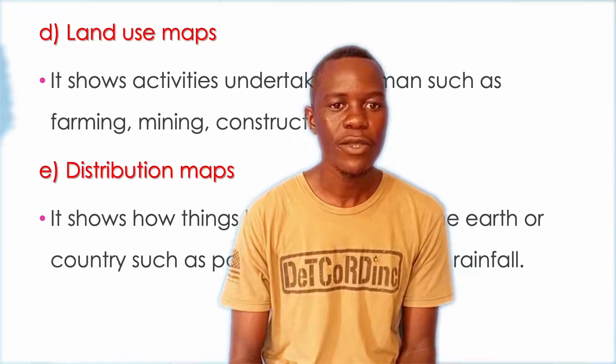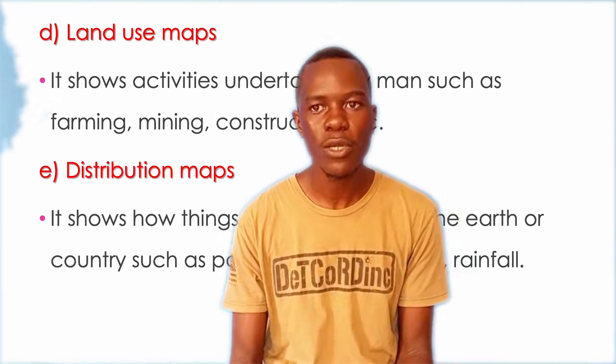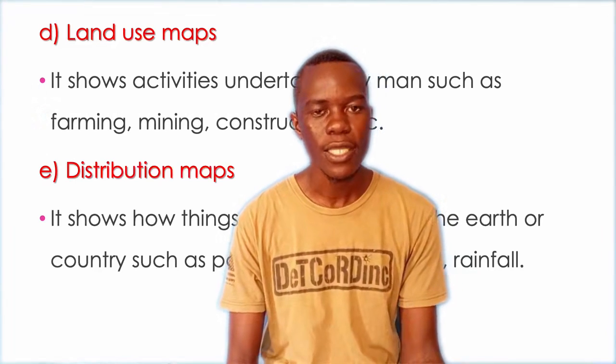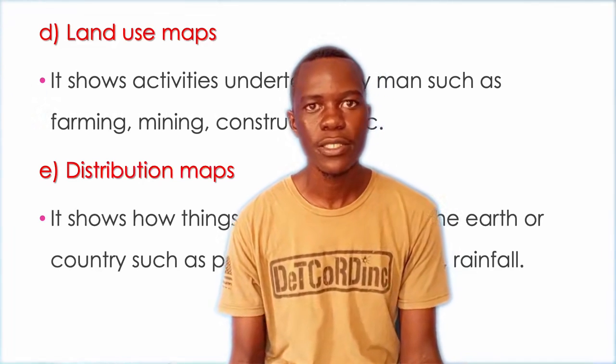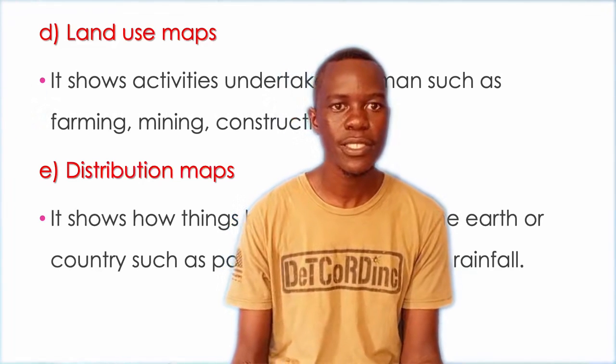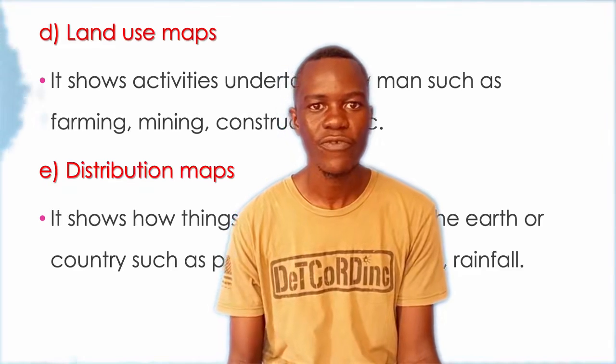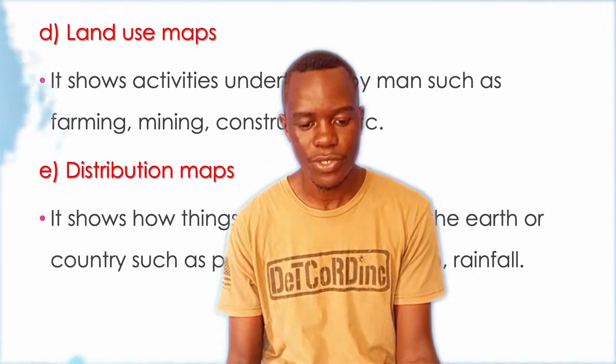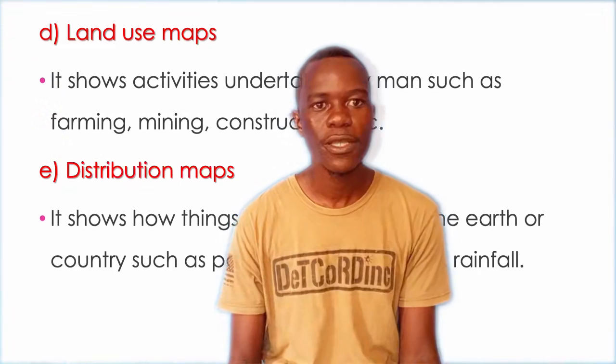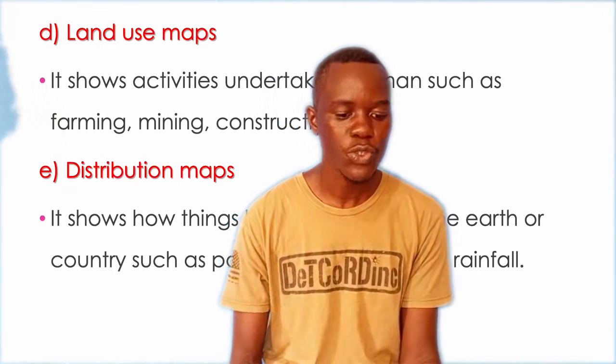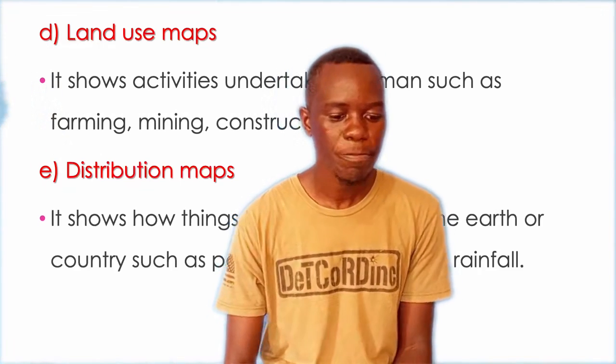So you are able to tell that this area has high population and this area has sparse population for some reasons. So distribution maps will show that particular thing.